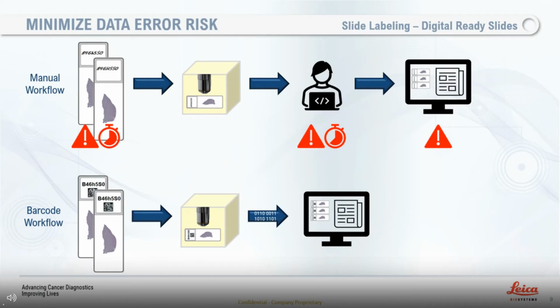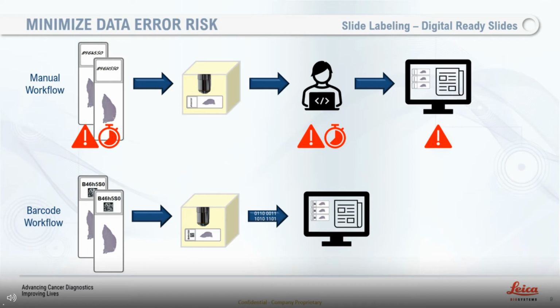However, if we look at the barcoded workflow, you have the ability to have human readable and barcoded labels as the one label. You eliminate that error that you may have with handwritten or transcription errors, and then leveraging that integration pathway with the existing information management systems, you can be assured then that the right slide is being associated with the correct data within your information management system, and that aggregation is being done automatically.